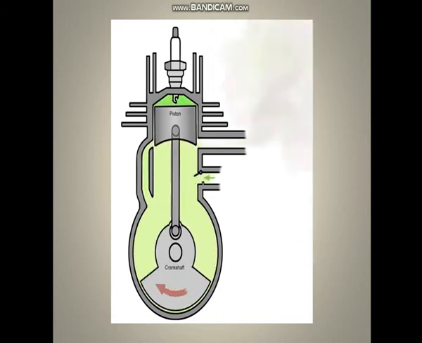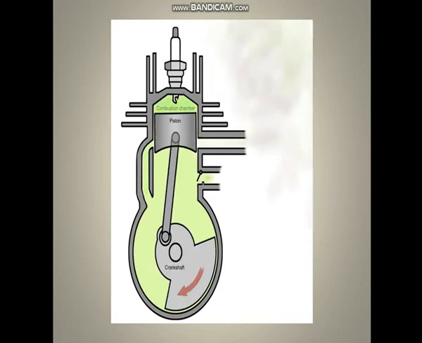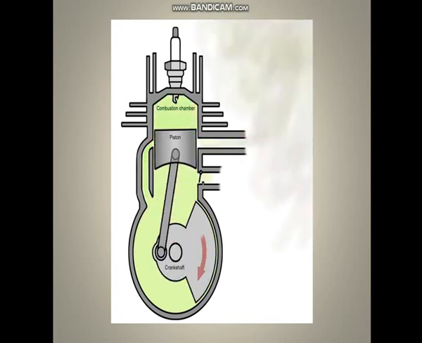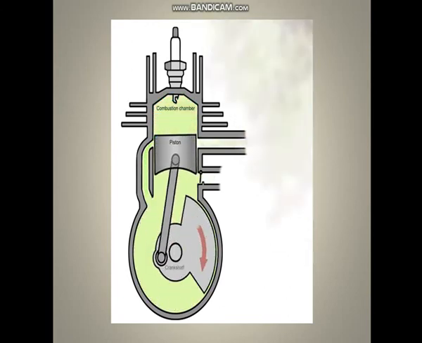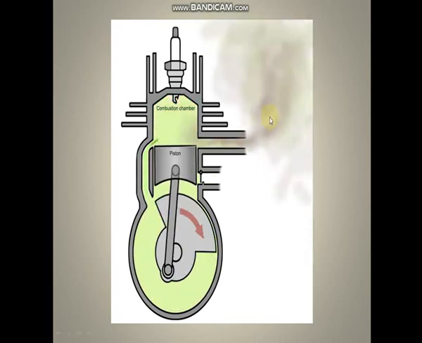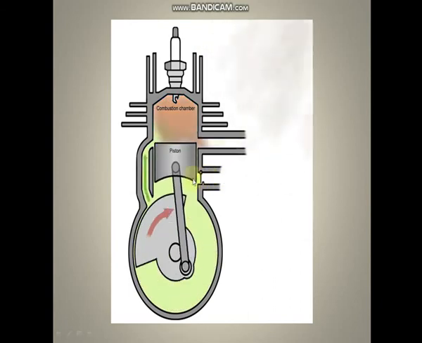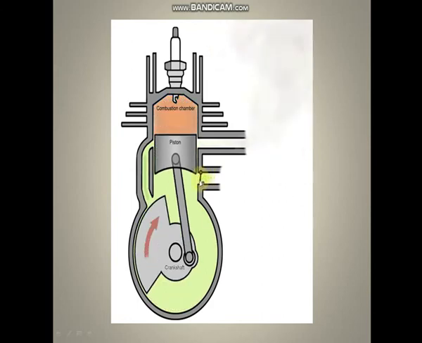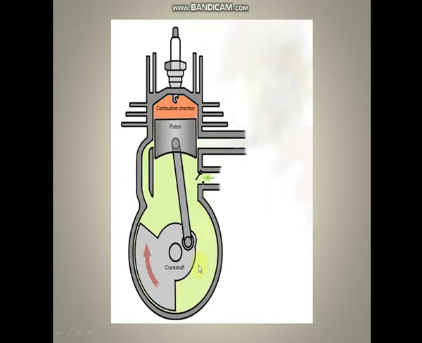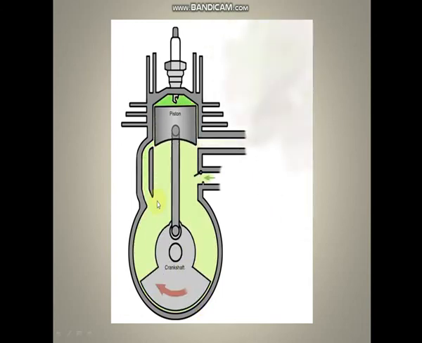Here you can see what actually happens in the case of the two-stroke engine. Through this intake port the air-fuel mixture is entering into this crankcase and it will be heavily compressed.